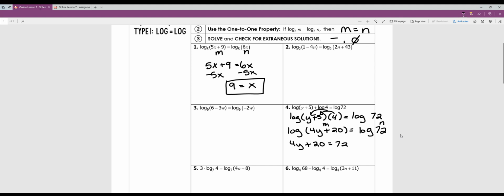And again, I'm going to use my algebra, move that 20 over, and then 4y is equal to 52, so I divide both sides by 4, and I get that y is equal to 13. And again, if I plugged 13 in for y, I would not get a negative or a 0, so that is a possible solution.